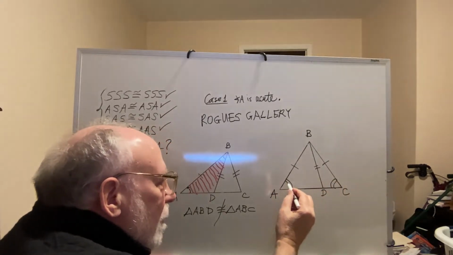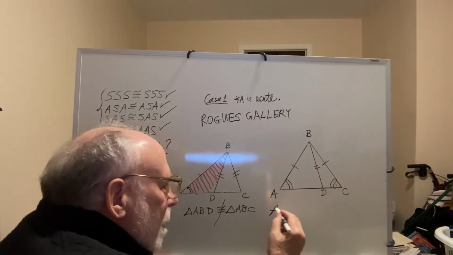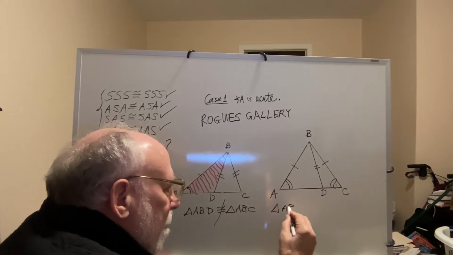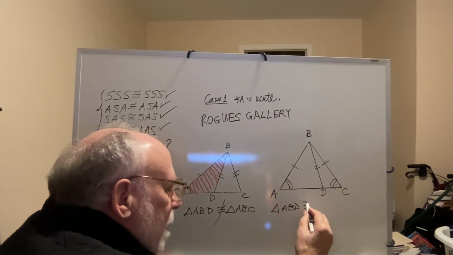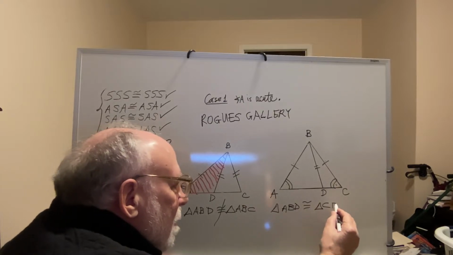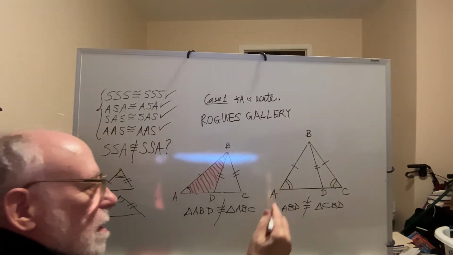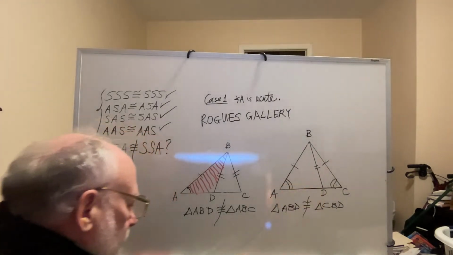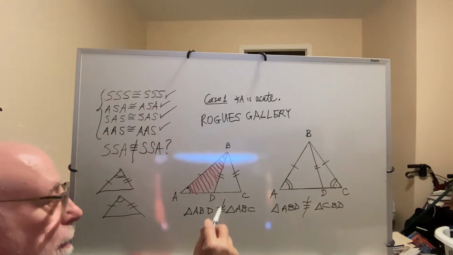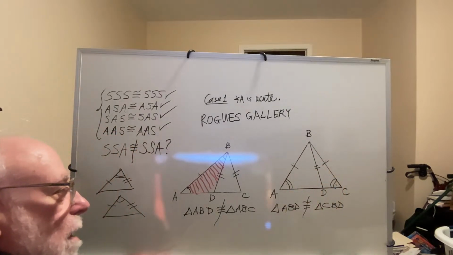Now we have angle-side-side and angle-side-side, and we have triangle ABD and triangle CBD. But it's plain to see that the triangle on the left is not congruent to the triangle on the right, even though angle-side-side and angle-side-side correspond.